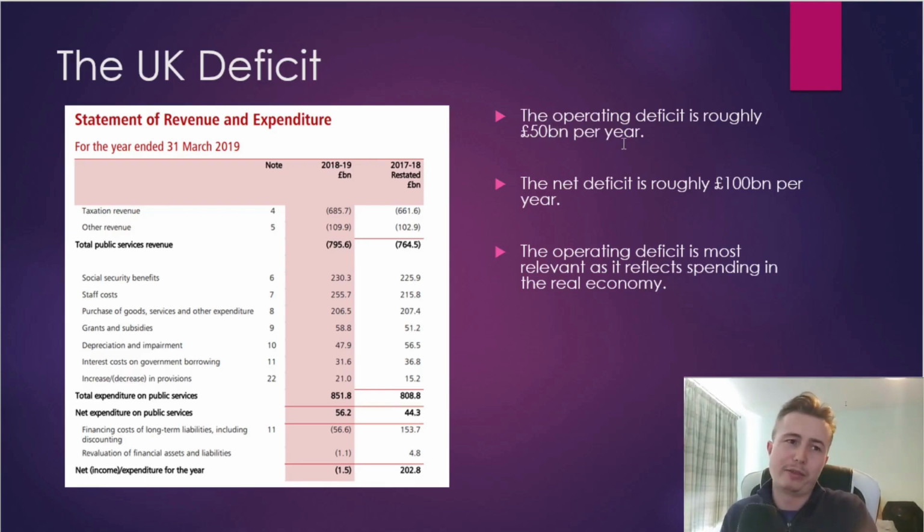Now if you think about that, what would happen to a household or to you or I if we spent more than we earned, every year? Well, we would eventually have to get into debt in order to do that. And that's no different for the government. The UK government is getting into debt in order to live beyond its means, in order to spend more than it earns.